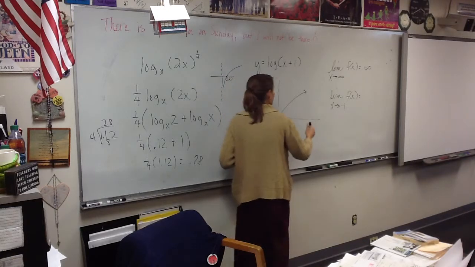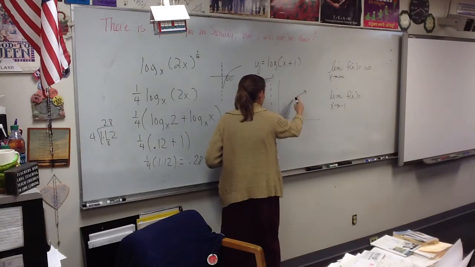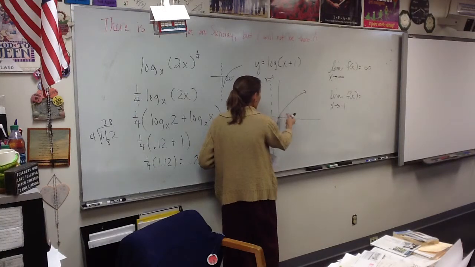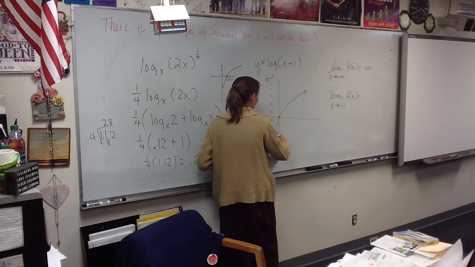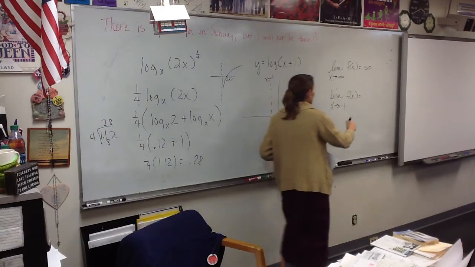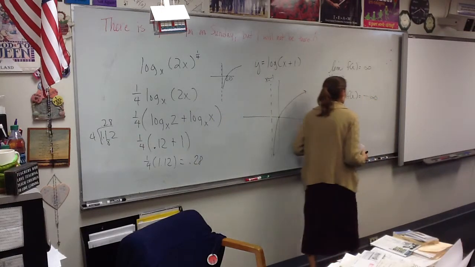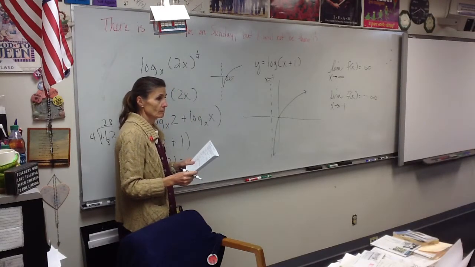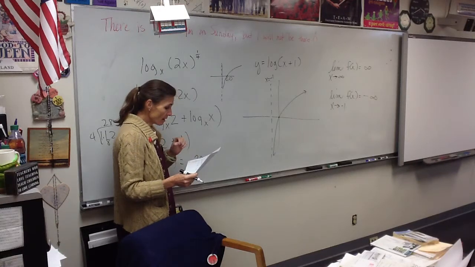What is our curve doing as we approach -1? X is getting closer to -1, but what's y doing? Negative infinity. Okay? All right, those are the two I wanted to do.